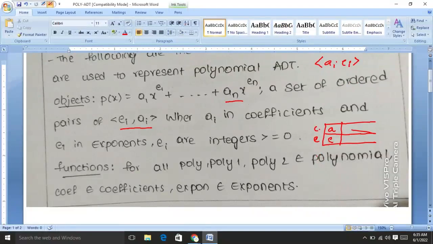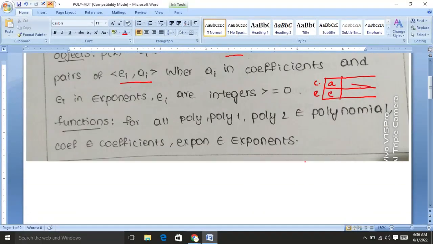We also know that all the coefficients may be integers or floating points, but all the exponents should be integers. So what functions are used to represent the polynomial ADT? Poly means polynomial, that is the resultant polynomial.